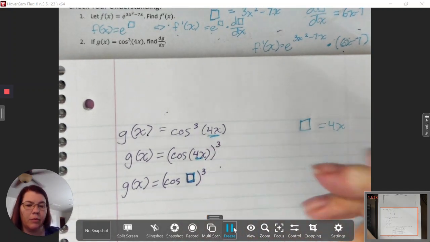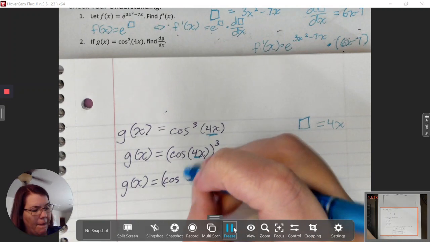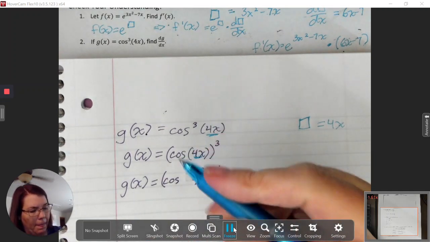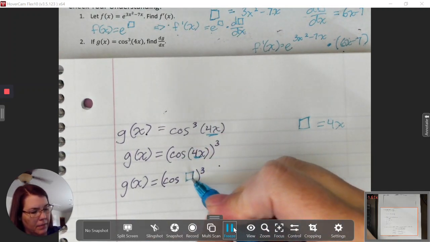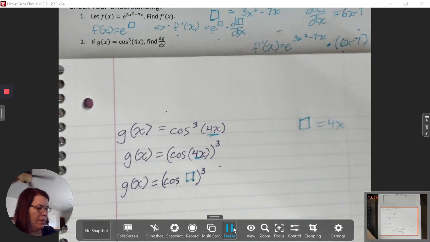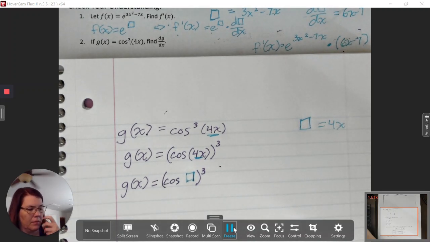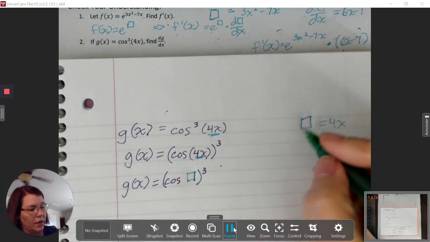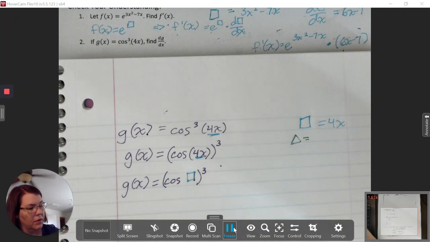So there's my square. It's blue. Then we're going to get triangle. So triangle is going to be cosine of square.